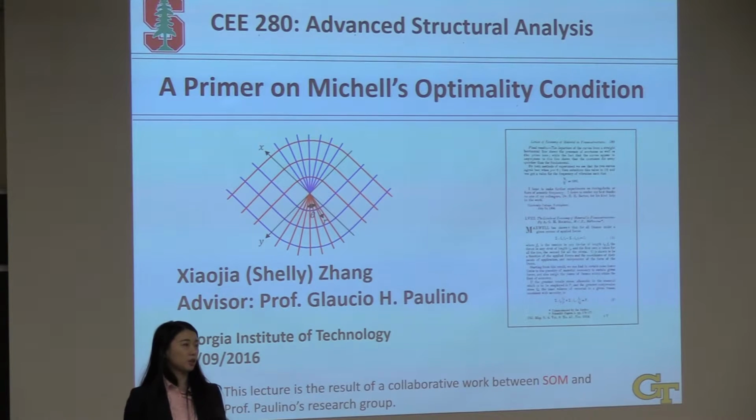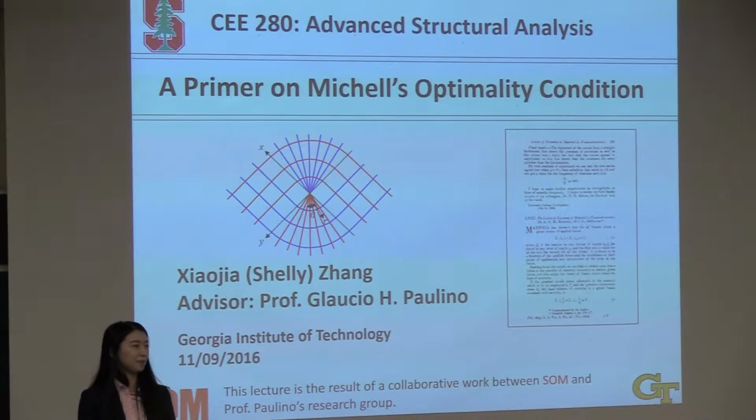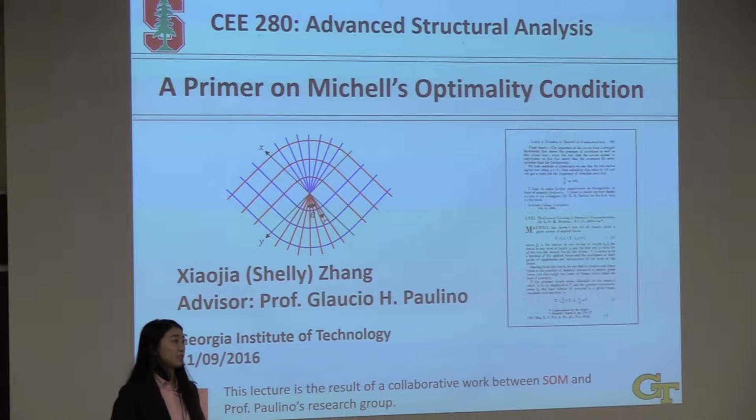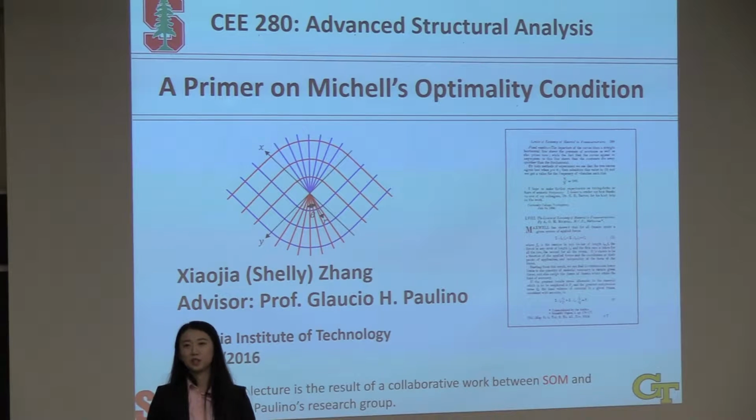These are some driving forces for wanting optimal structure. In fact, I was an intern at SOM in the 2013 summer, and what I found out is that designers use optimal structures as a source of inspiration in their creative designs.